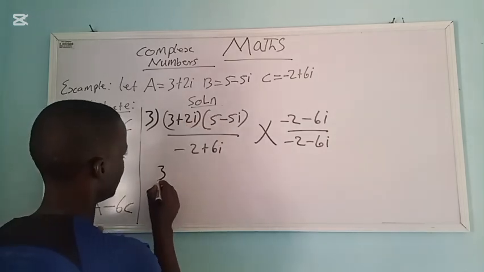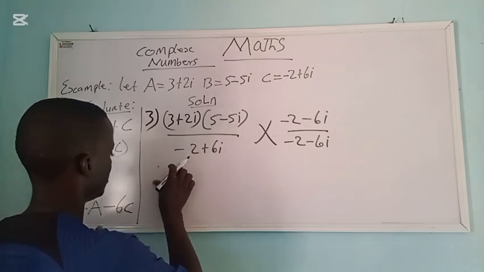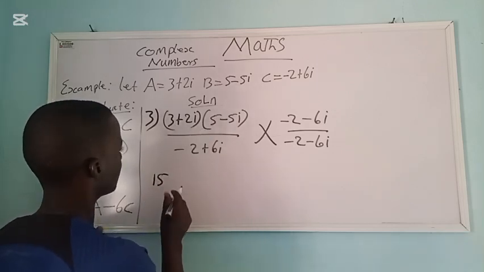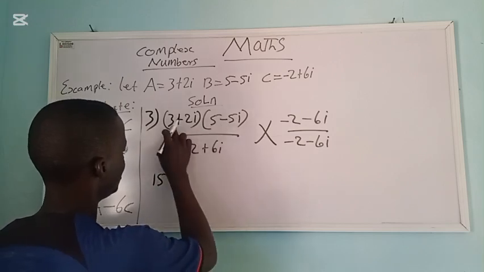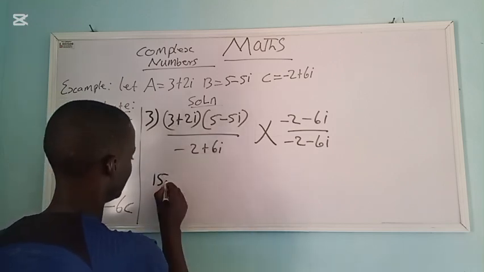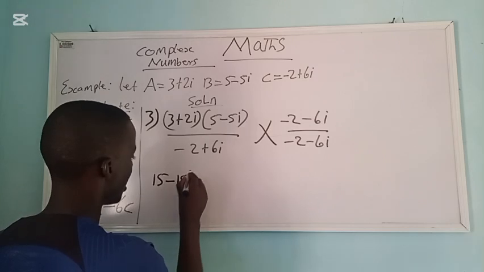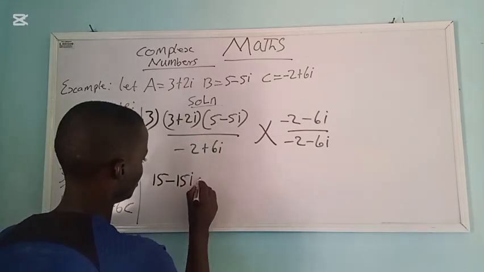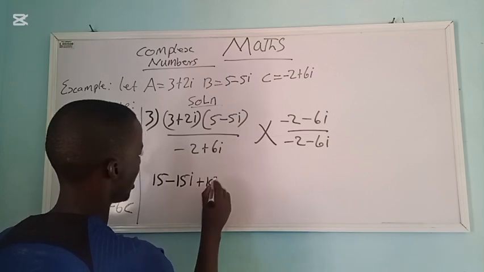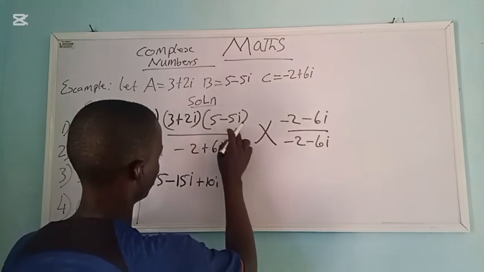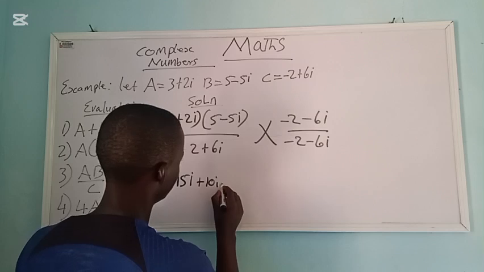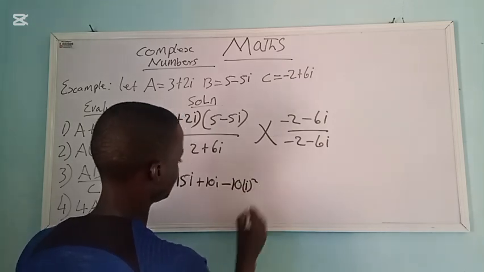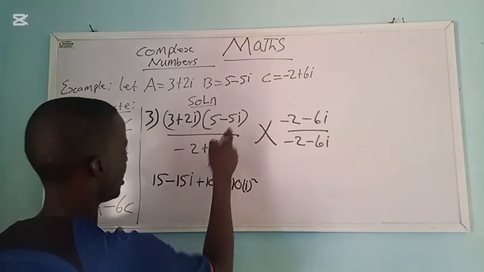We have 3 times 5 is 15. 3 times minus 5i is minus 15i. 2i times 5 is plus 10i. 2i times minus 5i is minus 10i squared, because this one has i, this one has i.